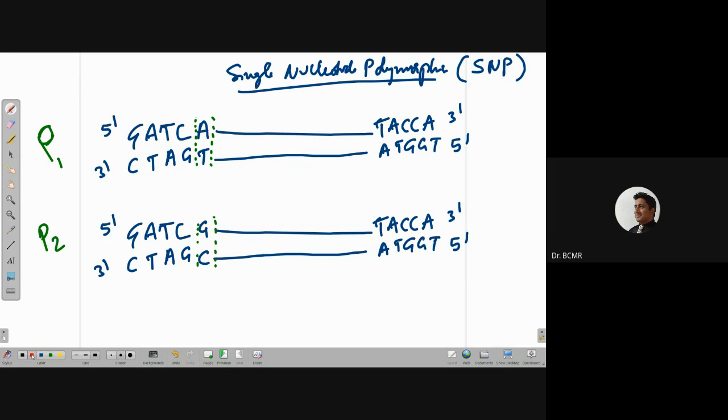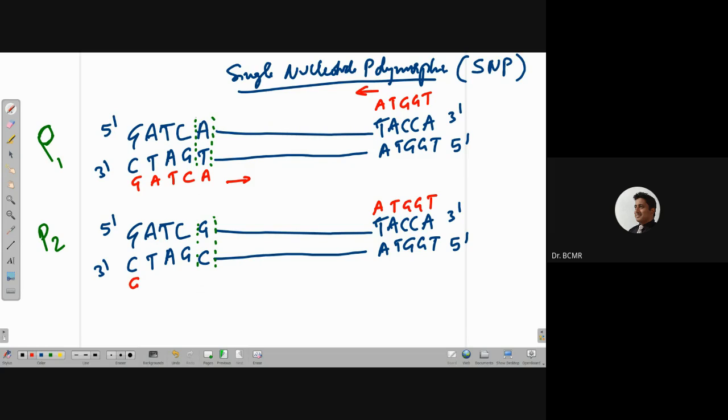So I want to design primers for both of these. I will design GATCA, that is the correct primer. I also design a primer here, like this, and they will polymerize in this direction. The same primer can also be used here.